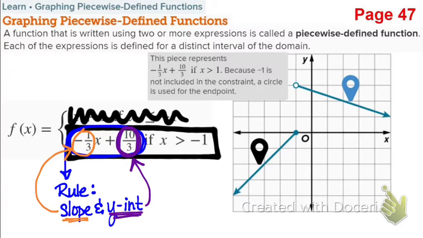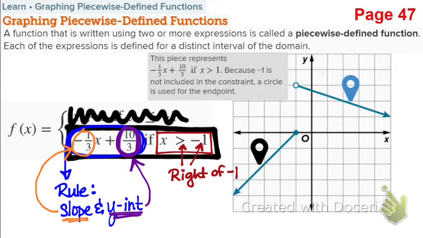The inequality only tells me where it lives. It says that I am greater than -1. Greater than, bigger than. On a number line, if I want numbers that are bigger, am I looking left or right? I want to look on the right for bigger numbers. So right of -1.